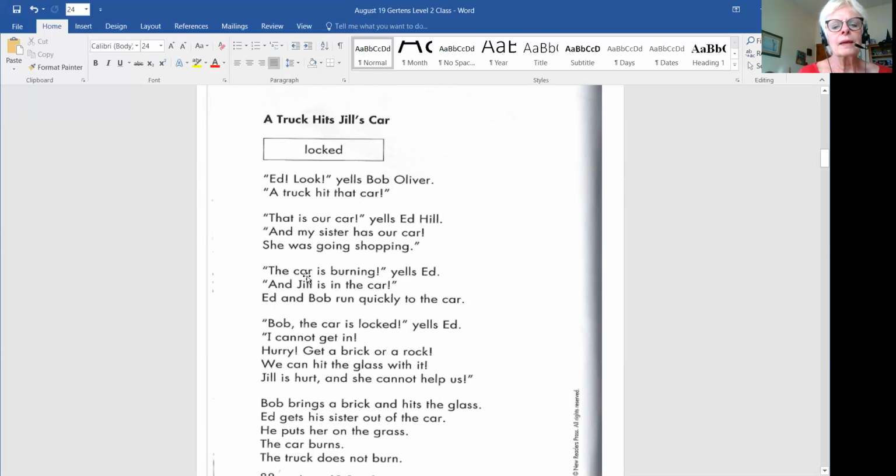So we see their names, Bob Oliver, Ed Hill, and Jill. That's our evidence that that is who the story is about. We also know there was a nurse in the story, a doctor in the story, and a policeman called a cop in the story.